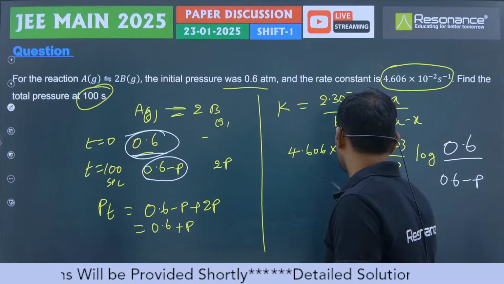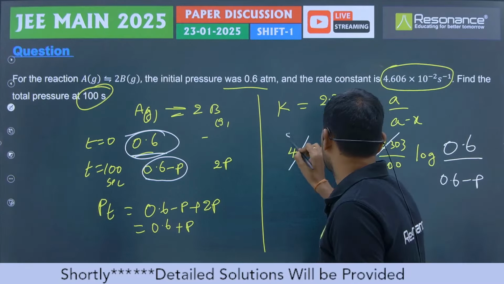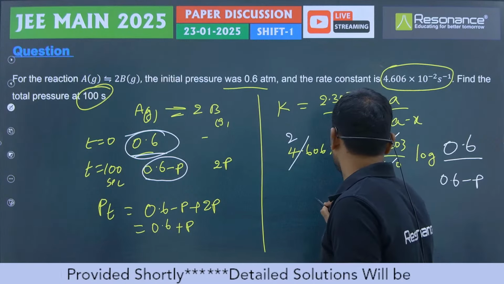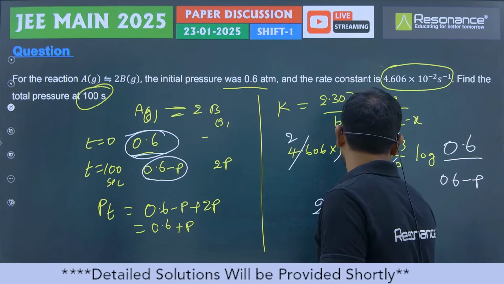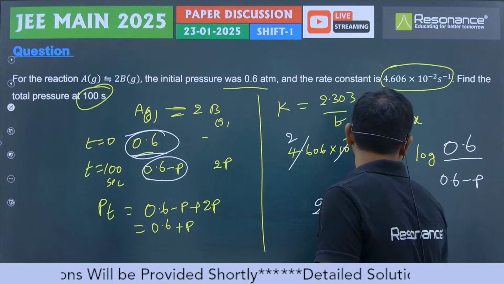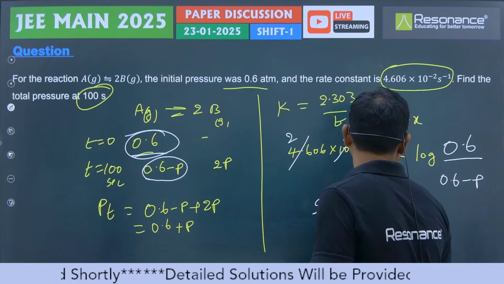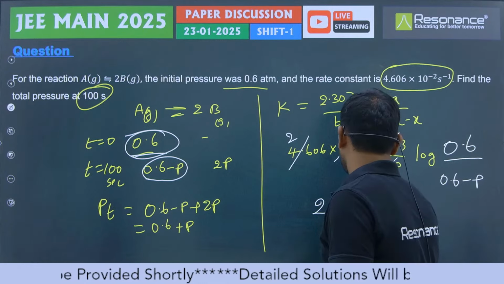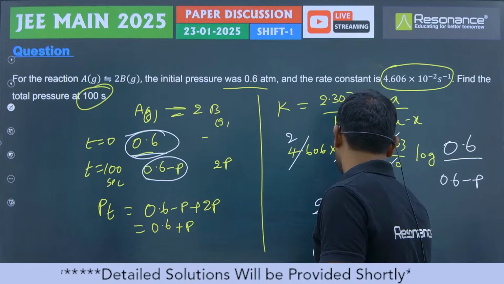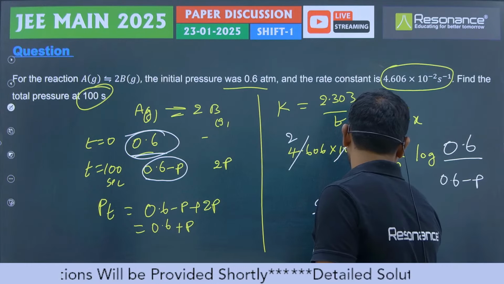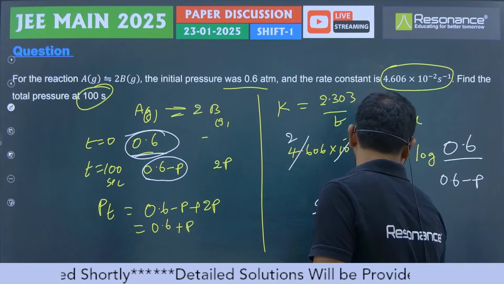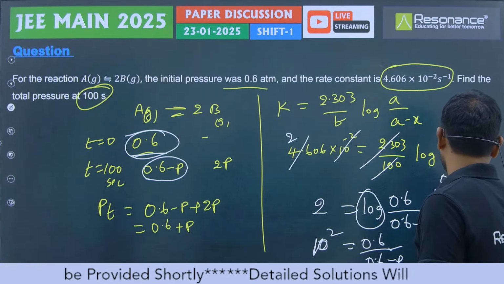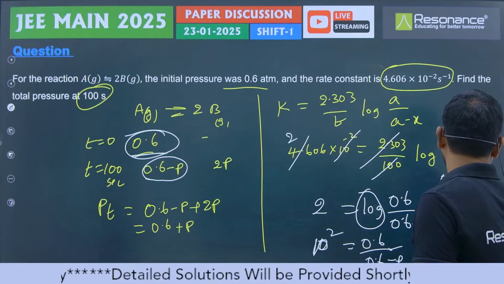By solving this equation, you get 2 times, and the 100 into 10 power minus 2 is cancelled. Then 2 equals log of 0.6 by 0.6 minus p. By taking the anti-logarithm, this is 10 power 2 equals 0.6 by 0.6 minus p. By solving this, you can expect p equals 0.549.